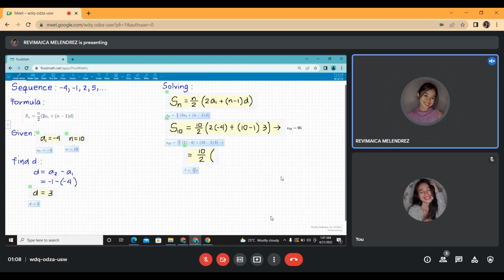So we can use FluidMath as our calculator also.